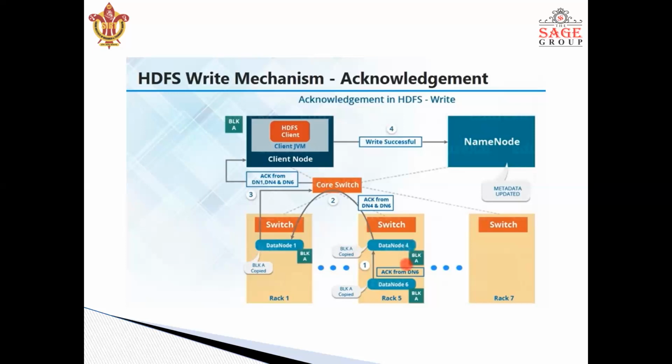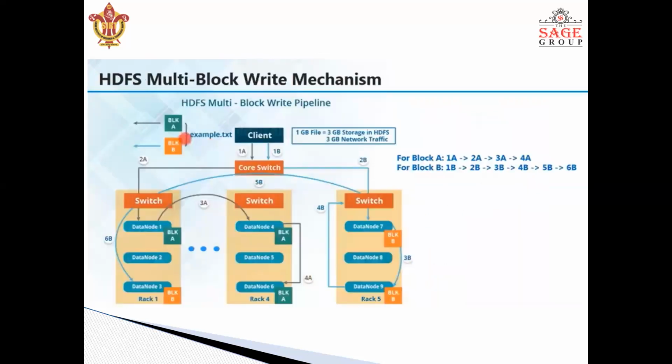First a pipeline setup, then the actual writing, and then you get the acknowledgement. Now, this was the writing mechanism of a single block. But for multiple block writing, we have a parallel mechanism. We just discussed only a single block. As I told you, my file example.txt or helloworld.txt was divided into 2 blocks, block number A and block number B. So the write mechanism for block B will be just similar.